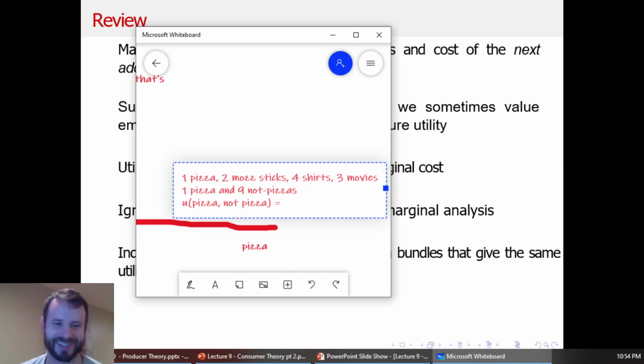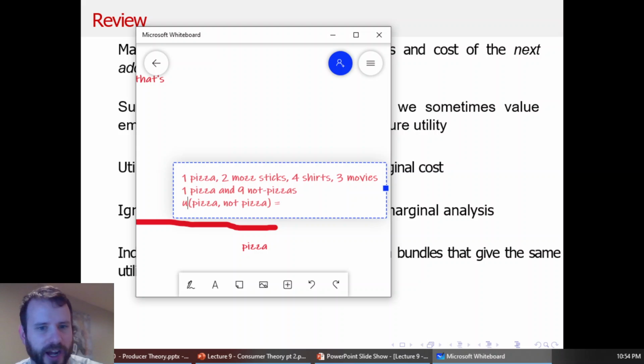And, because not pizza is not really a technical good, you probably want to put that in dollar form. So your consumption bundle will be 1 pizza and $100 of not pizza. Okay. Just to have them all in the same unit. But you don't have to.